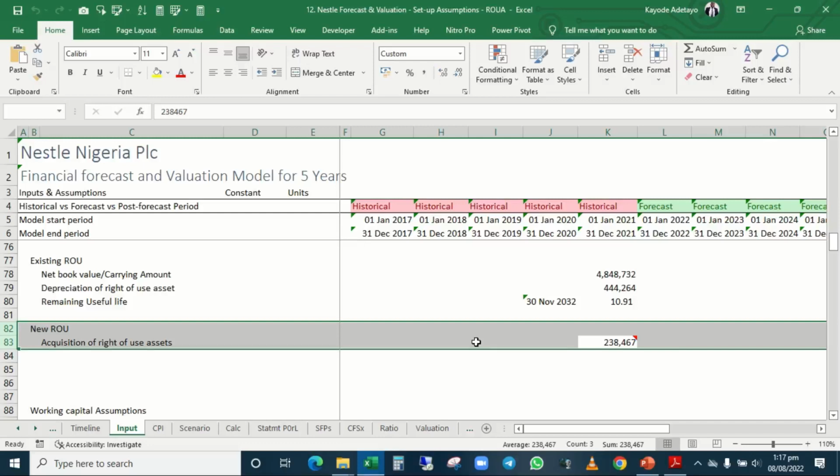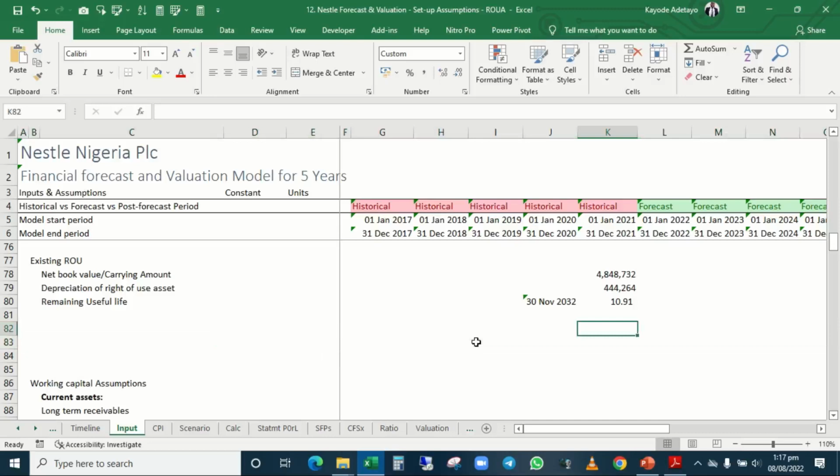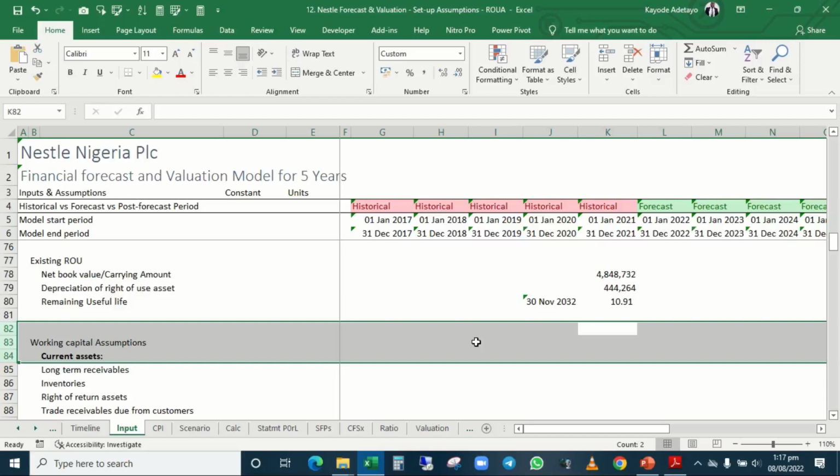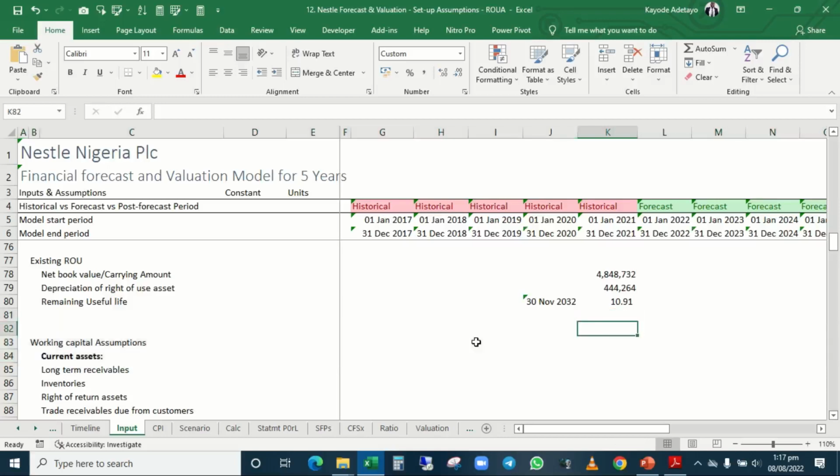So if you are modeling for a company of this nature and we don't have such information, it is better to stay out of that. But where we are privy to internal information about a new lease contract they are entering into, yes, we can then project it under the new acquisition. So that's that about the right of use assets. I hope that assumption is clear.